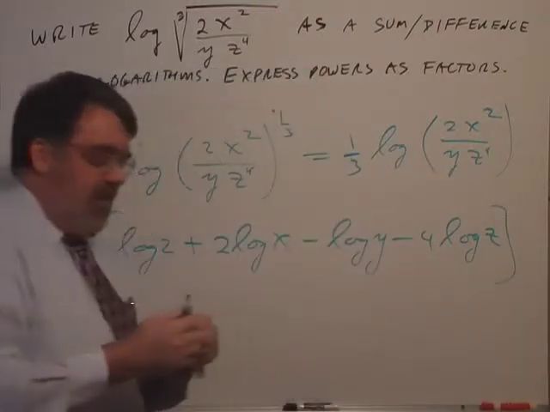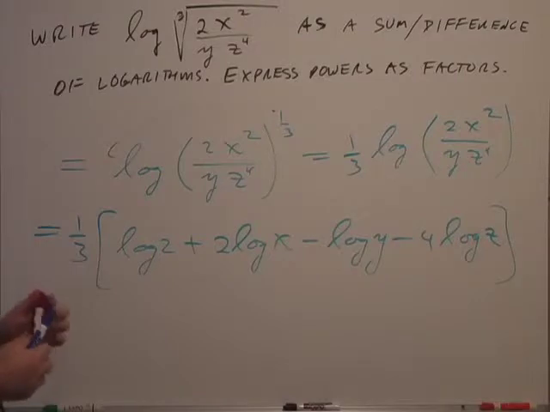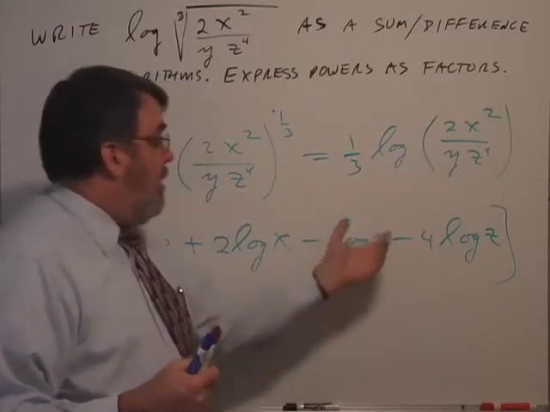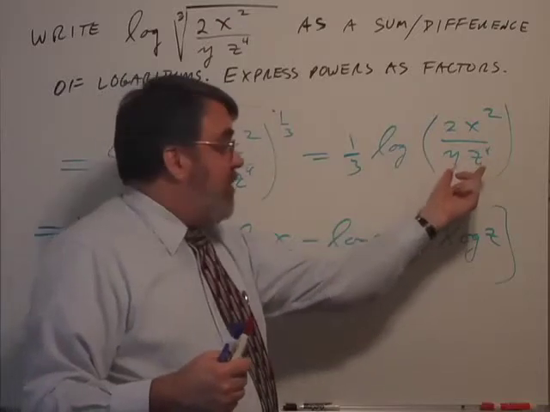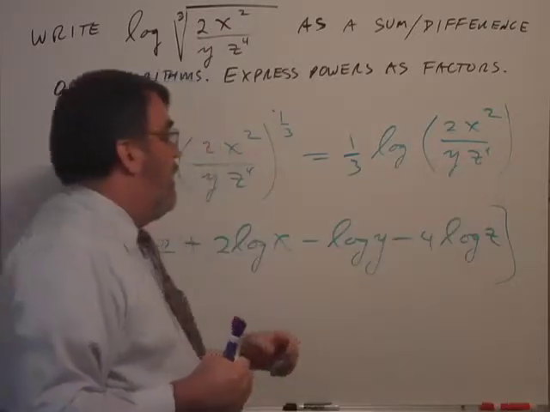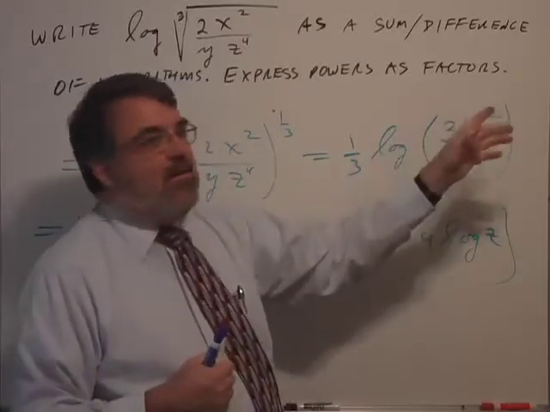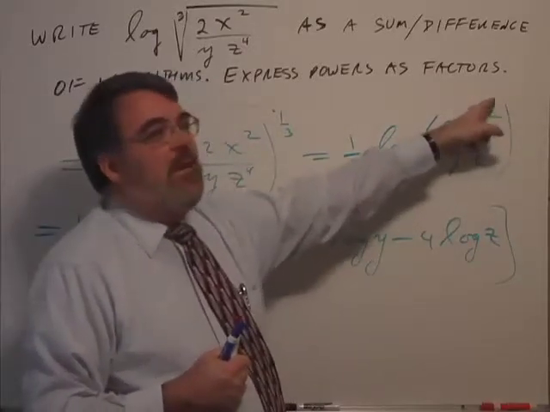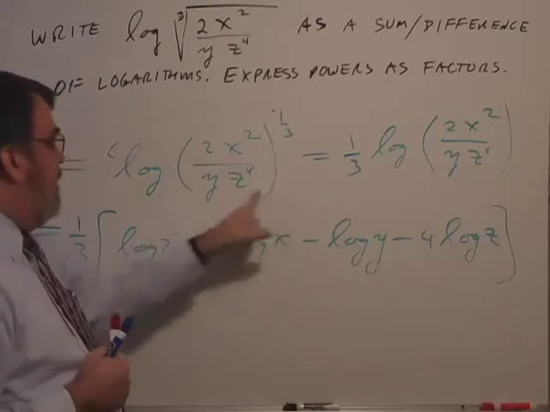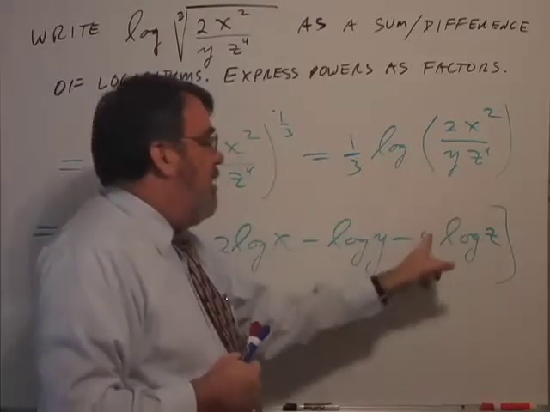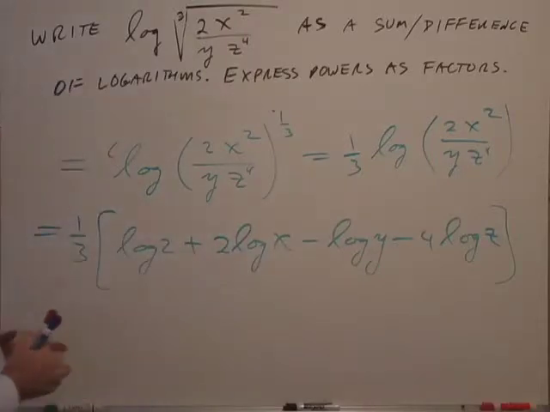So here I skipped a step. These are added because they're multiplied on the top. These two terms are subtracted because they're dividing. And notice that the log of x squared is going to be 2 log x. I used the power rule with that 2, because in x squared the 2 came over. Same with z to the 4th, it would be 4 log z.